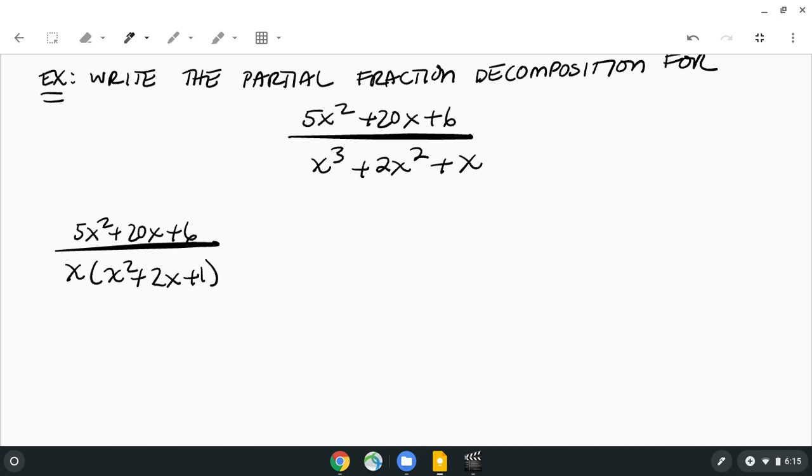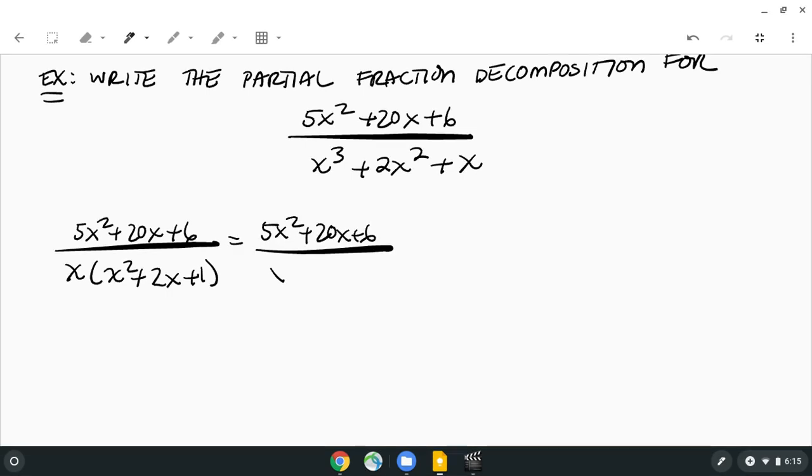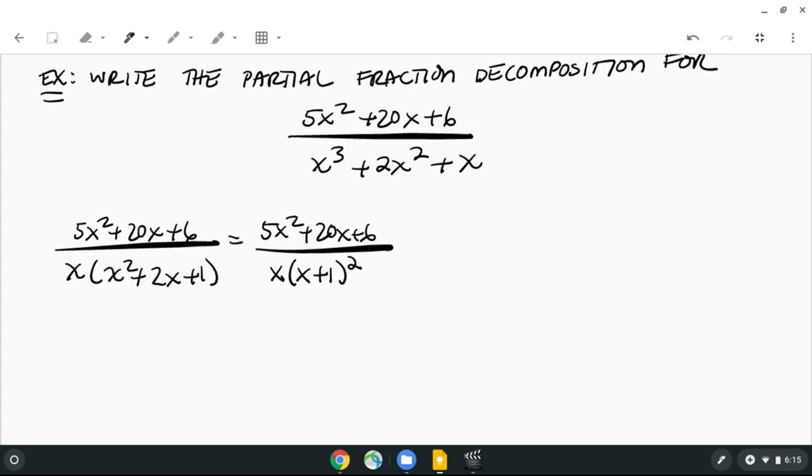That's going to be x times x plus 1 times x plus 1. It's repeated. So whenever it's repeated, you want to use your exponents to represent that repetition, because seeing it with that exponent will help you know how to set up your fractions.